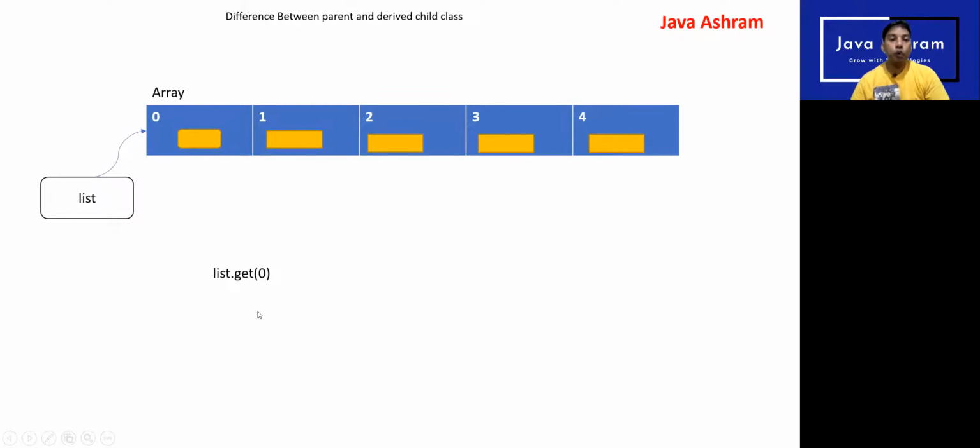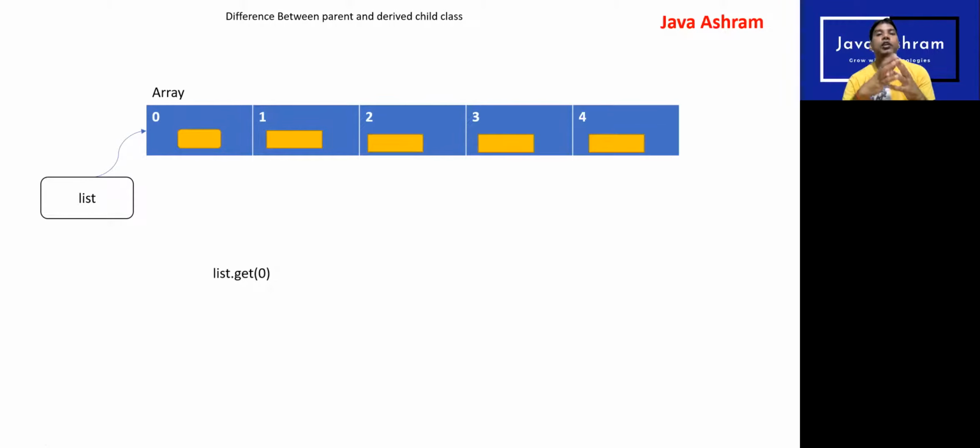But to hold this, what kind of reference variable do you need? Obviously, if you give a Student type reference variable, that can hold only the Student type, right? But you don't know at runtime what value will come, in which pocket, what type of object is there. So how will you hold this at runtime?